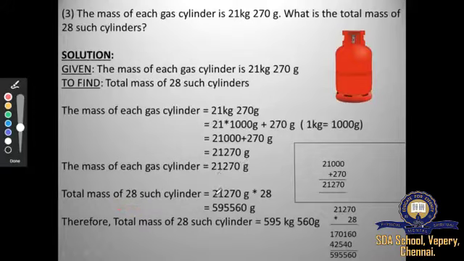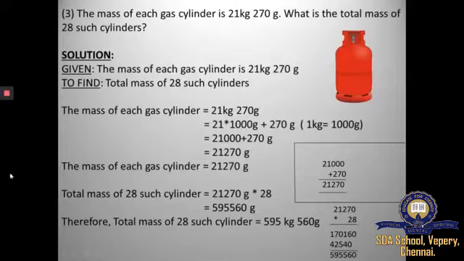So we have to multiply 21,270 gram into 28, which is equal to 5,95,560 gram. Here I have multiplied and shown. Total mass of 28 such cylinders is equal to 5,95,560 gram.